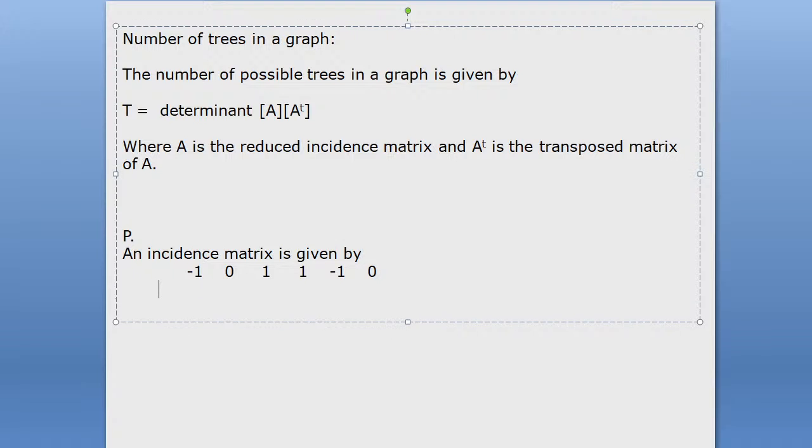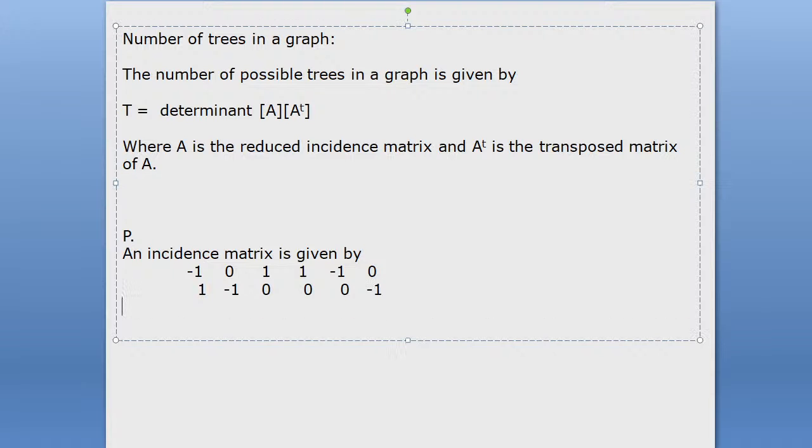Then the second row elements are 1, -1, -1, 0, 0, 0, -1. Then you consider 0, 1, -1, -1, +1, 0.